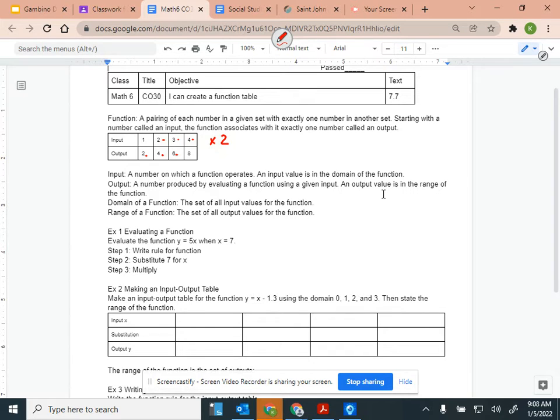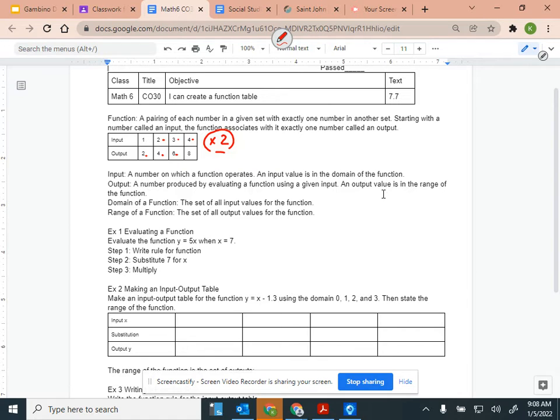So the input is a number on which a function operates. An input value is the domain of the function. The output is the number produced by evaluating a function using a given input. An output value is in the range of the function. So to get the output, you have to do your rule.